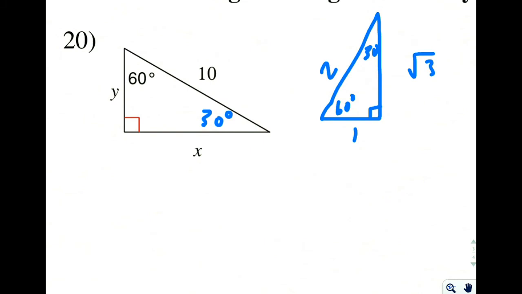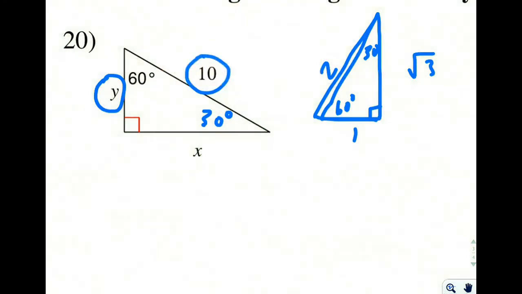So using that basic pattern, we can look at the triangle we have and say, whatever y is, this is going to be twice as big. Or when working in reverse, whatever 10 is here, y is going to be half as big, because we know that the longest side and the shortest side have a 2-to-1 ratio.